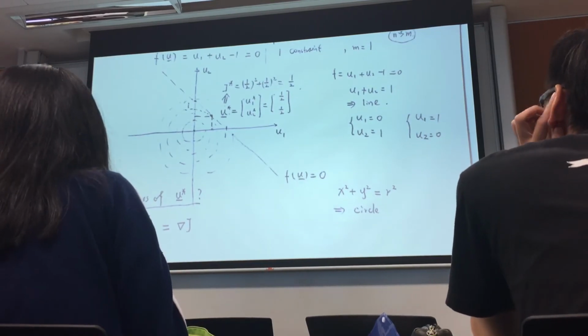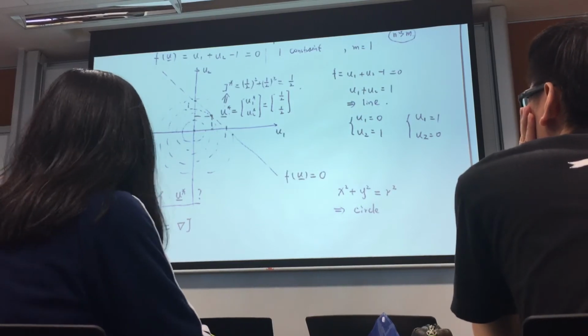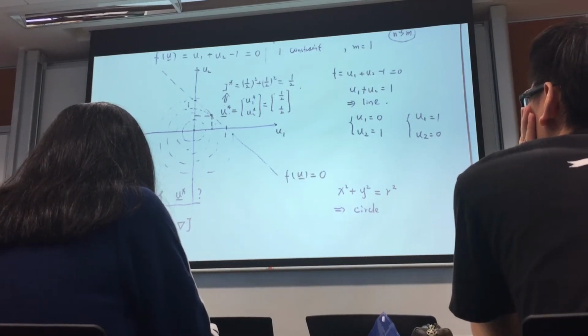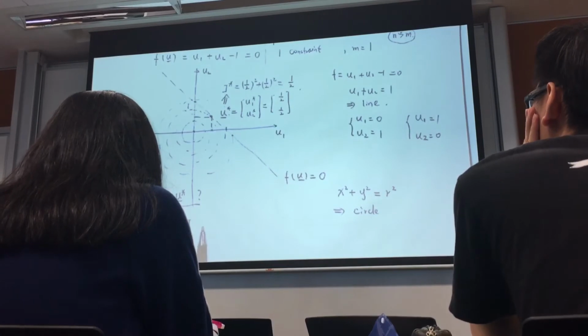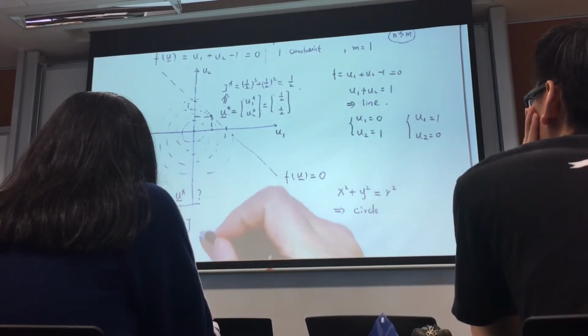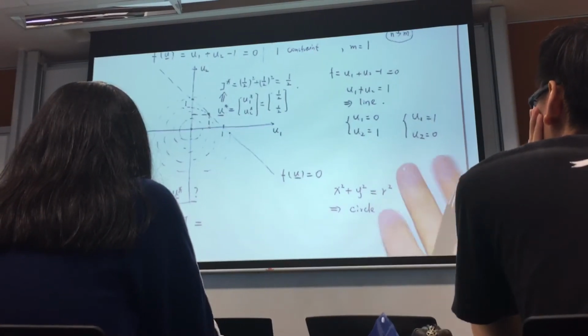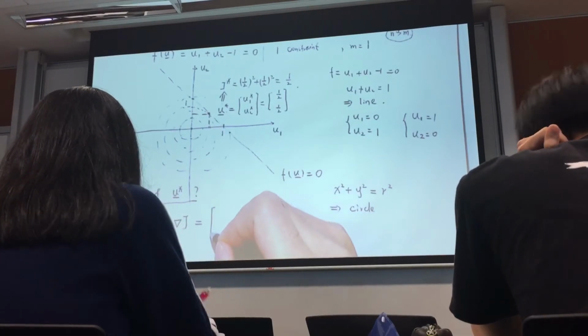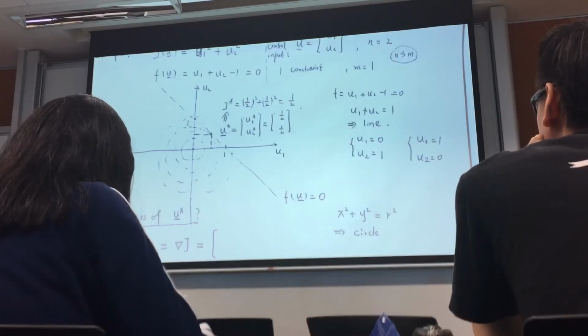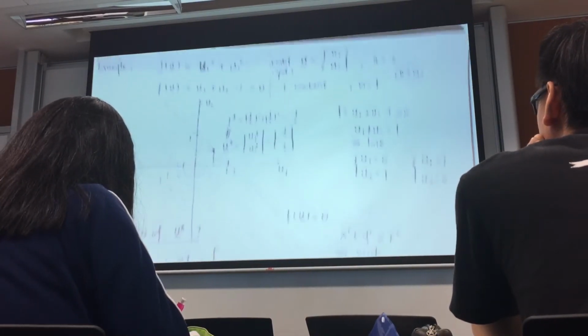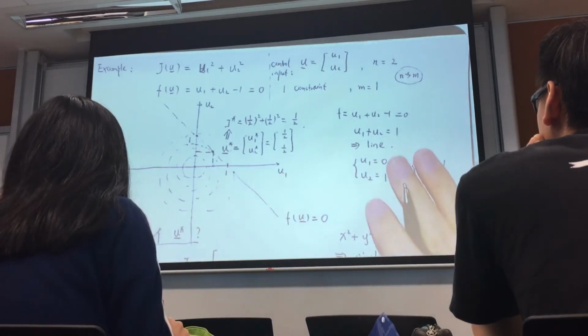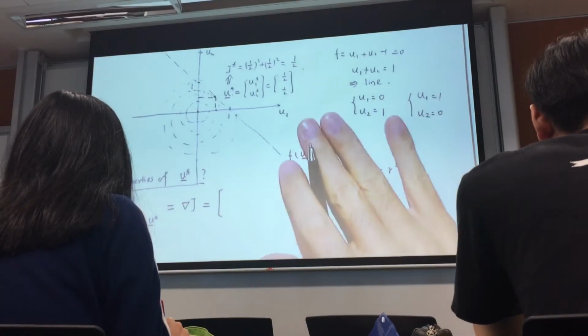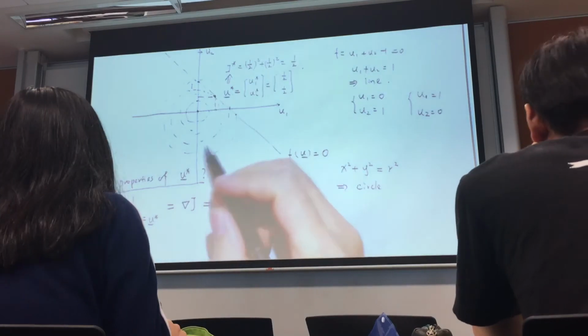Another notation, you just remember, is for this meaning. So this is the definition for this notation. So the gradient can be evaluated by dJ/du.